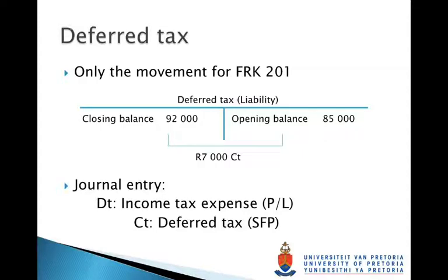And remember that closing balance, we told you it's a deferred tax liability, and therefore there's a movement of 7,000 Rand between the opening balance and the closing balance. That is an increase of 7,000 Rand. And that's why when you do the journal entry for the movement, it is debit income tax expense and credit your deferred tax with 7,000.